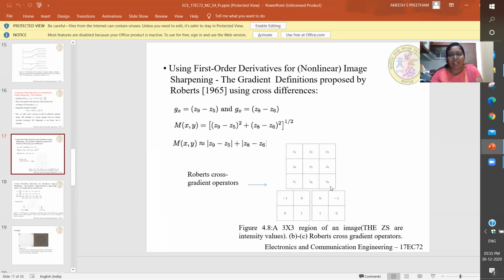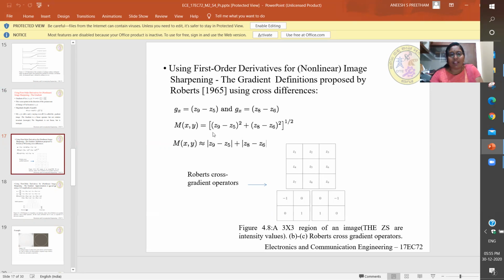So we subtract z5 from z9, and for gy, z6 is subtracted from z8.